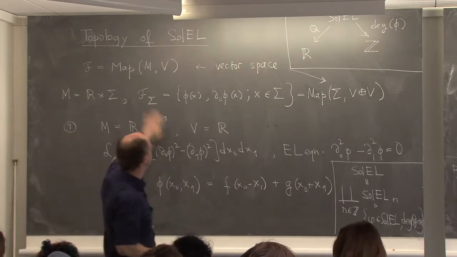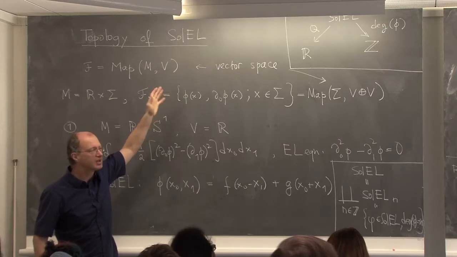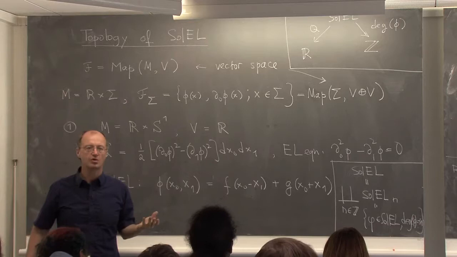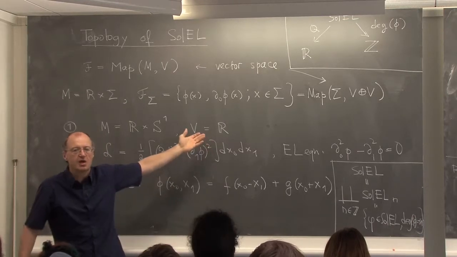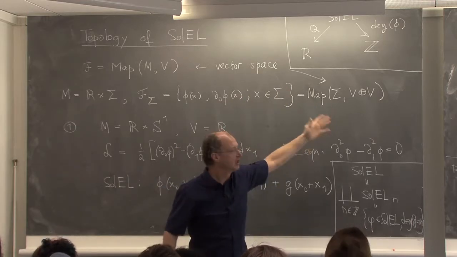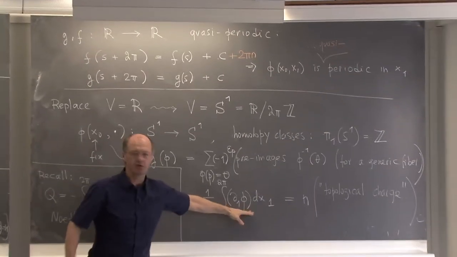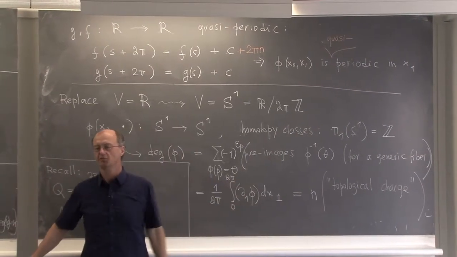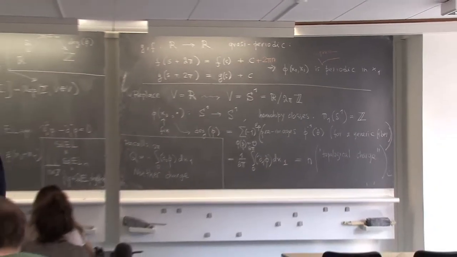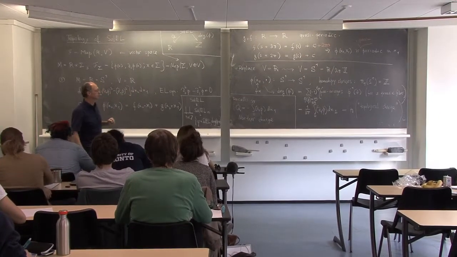Right, so here all of a sudden we changed the topology. Once we changed the topology of the target, now the space Sol L becomes topologically more interesting. So things may happen now. It's not necessarily just a vector space. And, well, that's, of course, a very elementary observation that maps from S1 to S1 have a degree. So degree is an integer. And here we kind of observe this degree in this very simple framework.